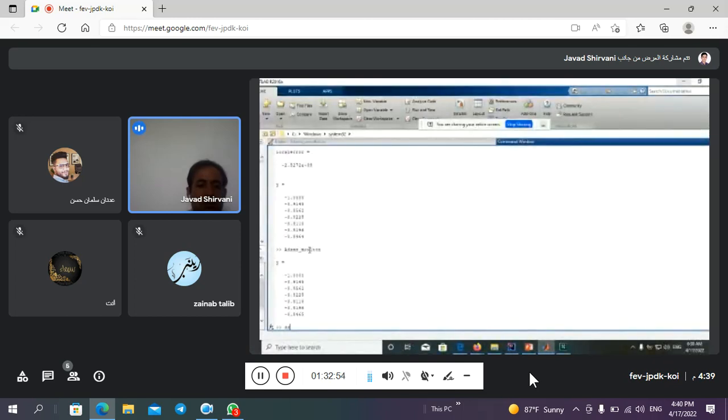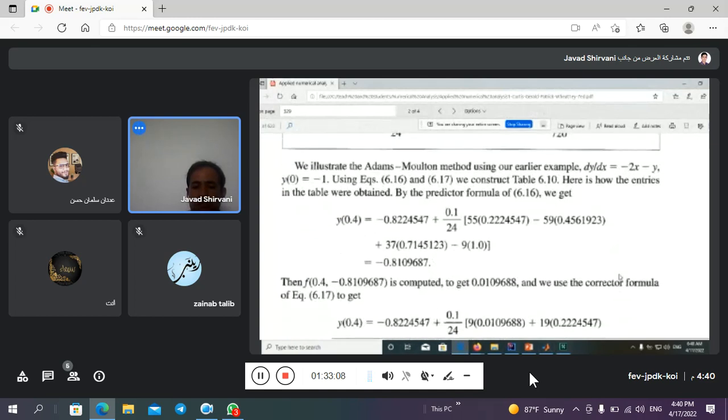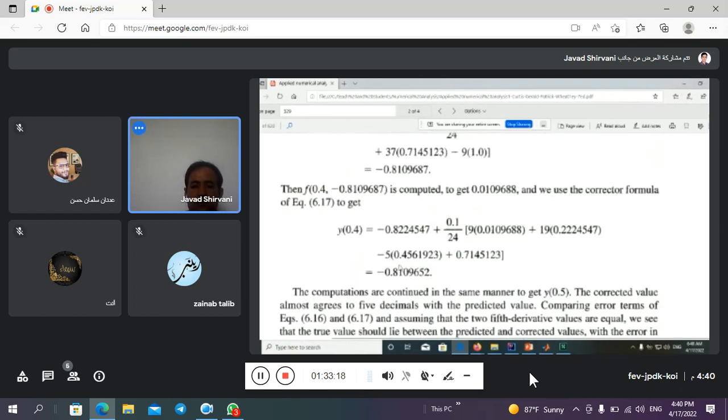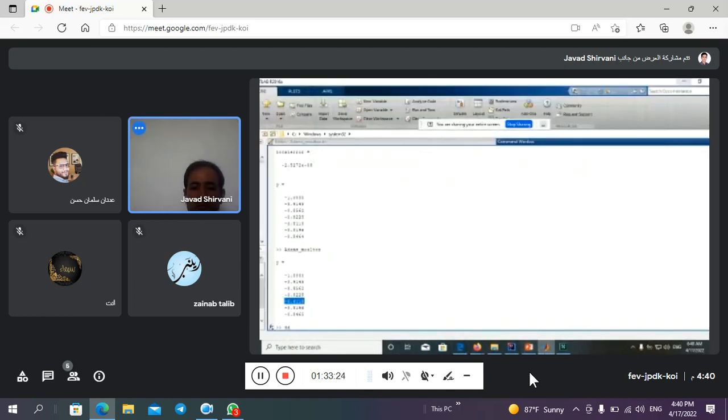The solutions of Adams-Moulton's for y at the point, let me see, y0, by taking minus 8109 and minus 8109, minus 8110.